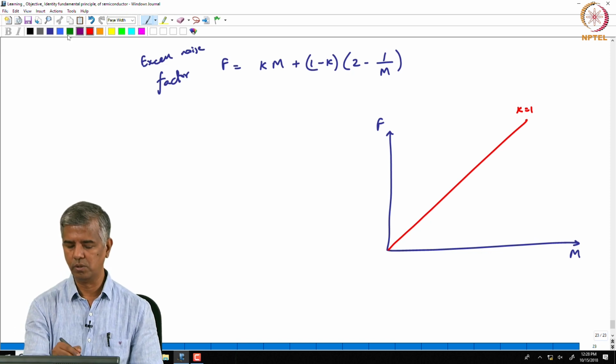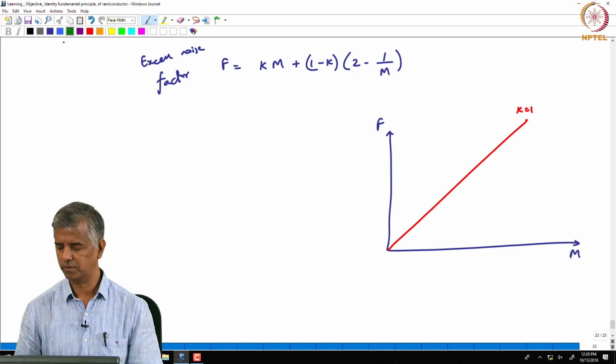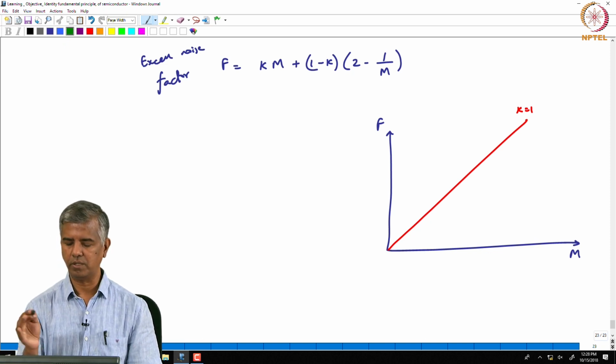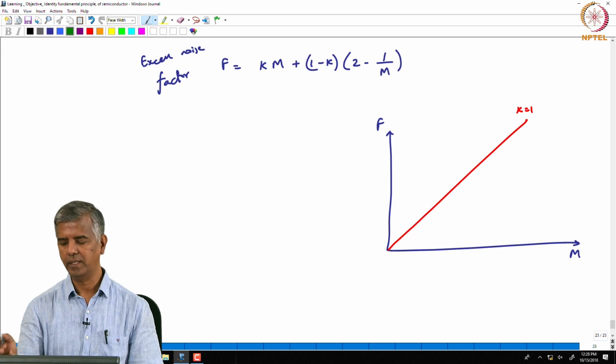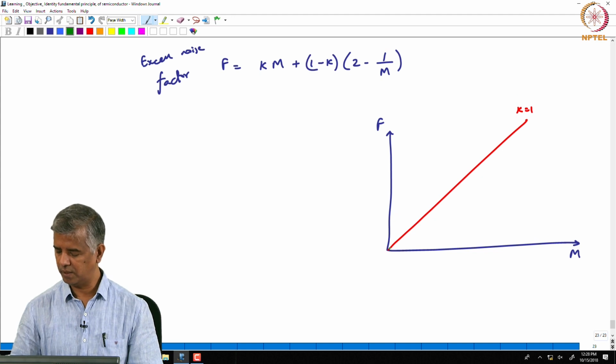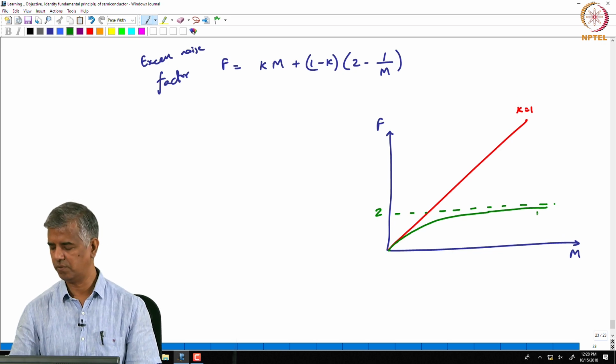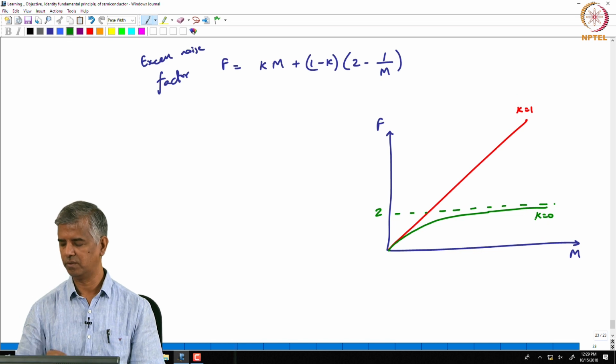Whereas, if you look at k equal to 0, the first factor goes away, the second factor becomes 2 minus 1 over m, and that is just something that is asymptotic with a value of 2 over here. So, it will go somewhere like this. This is for k equal to 0.